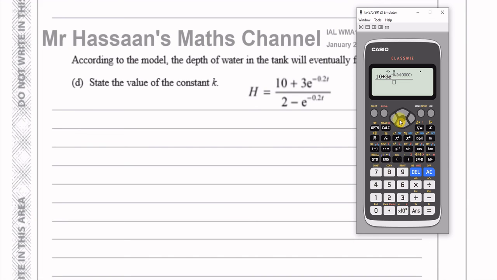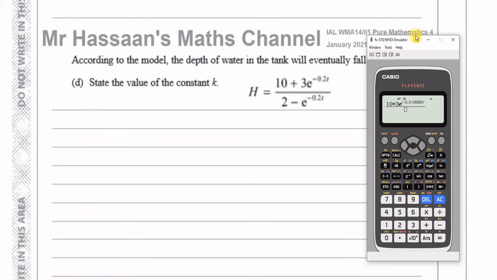So I'll put that in the brackets. Okay, so I made t really huge. So when t gets really big, it's going to reach a certain amount. So let's put t as something really big and see.